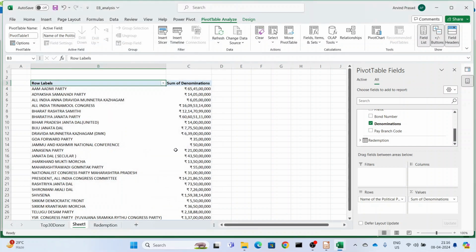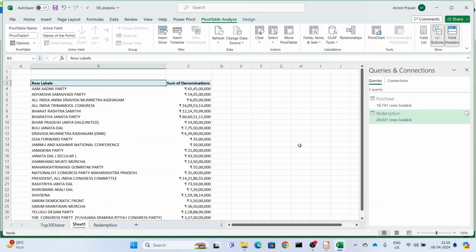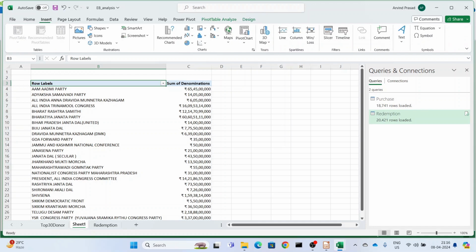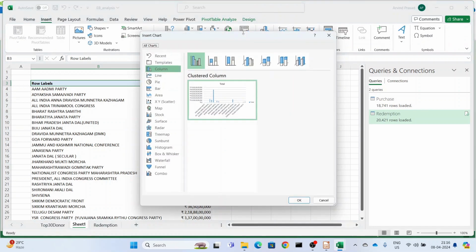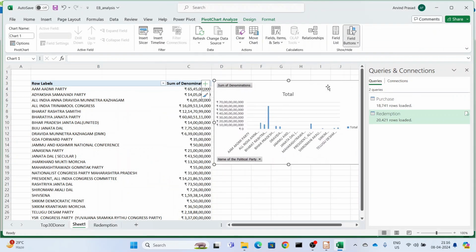There we are. Now this mumbo jumbo of numbers really doesn't help us in any way in understanding things, but a graph would. So let's go to insert and then go to pivot chart, and there we are. The relevant chart, boom, here it is.